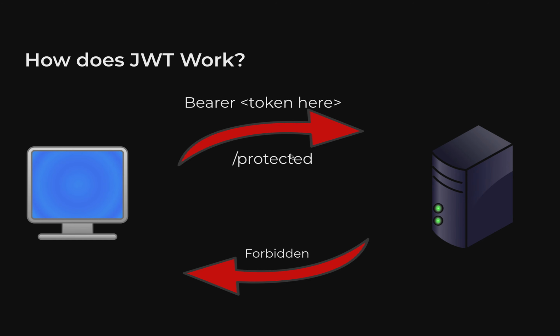Now, tokens can also expire. When you use JWT, you can specify in how many seconds, hours, or days you want the JWT to expire. If it was 10 seconds, you log in and wait 10 seconds, then after the 10 seconds, if you try to access a protected route, the server will return forbidden, because you do not have access to that route anymore.